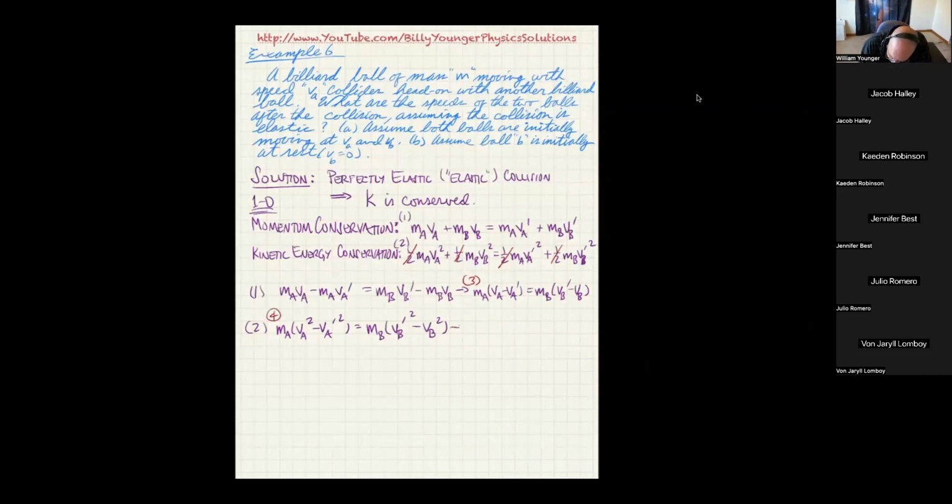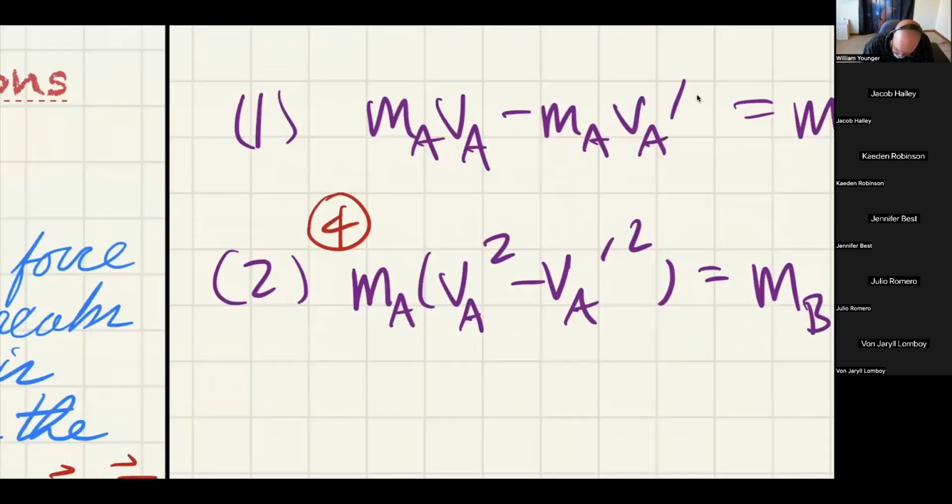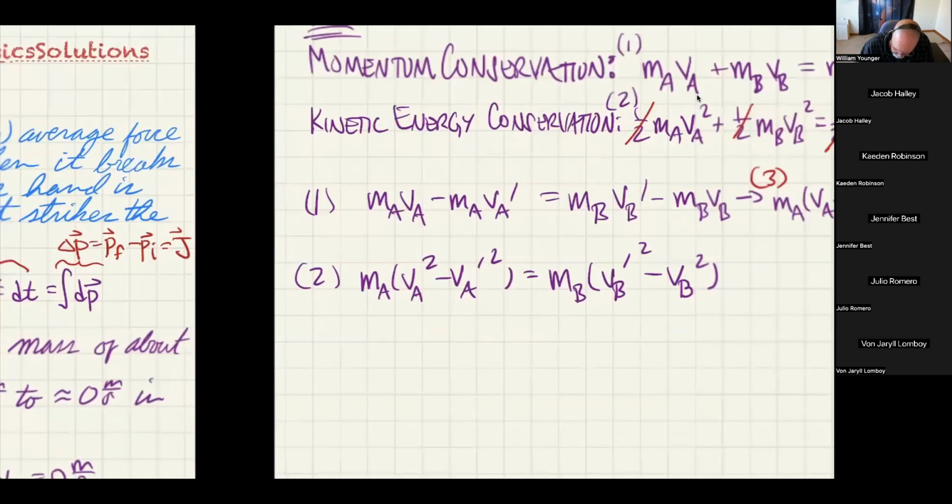But let's make 4 a little more user-friendly. So what I'm going to do is say, actually, I don't want to write it above it. I want to write it below it. And in fact, let me go ahead and erase that, and I'll label it next.